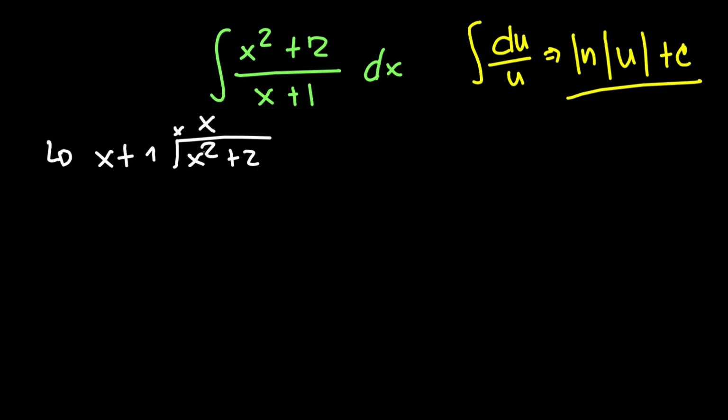So x multiplied by x would be x squared, and x multiplied by 1 is simply x. So subtract this. x squared minus x squared would be 0. 2 minus x, or this can simply be negative x plus 2.